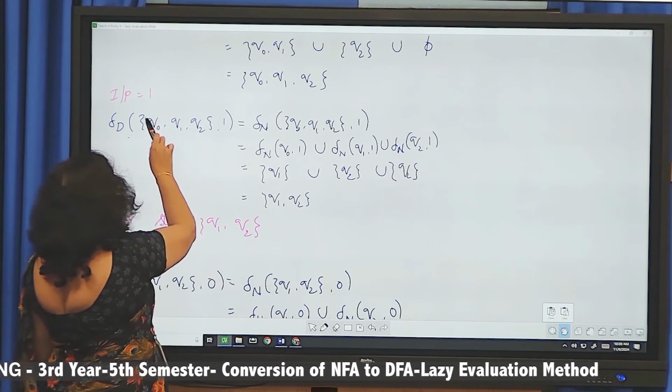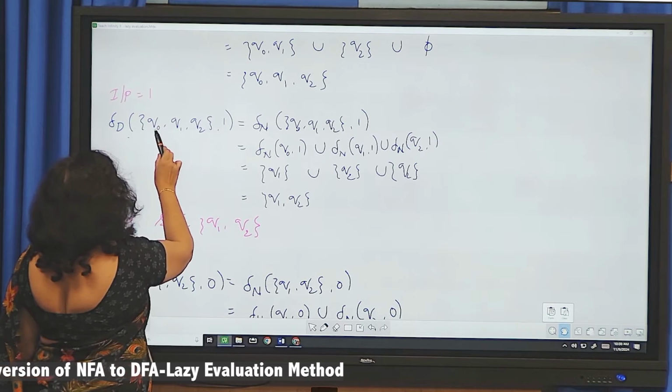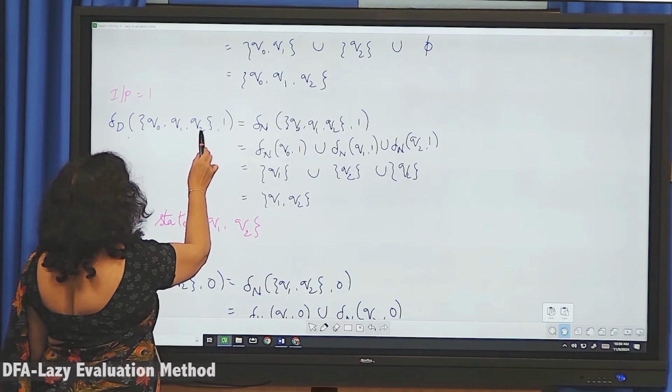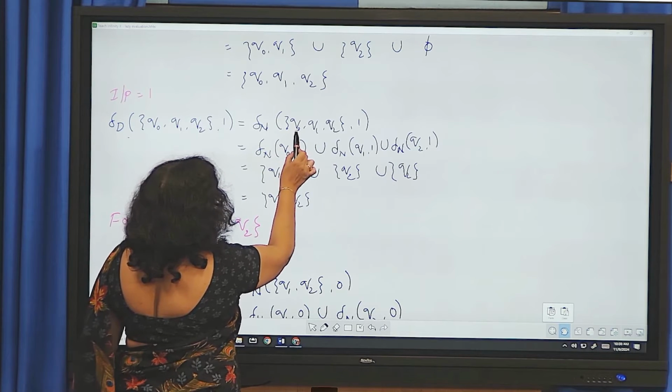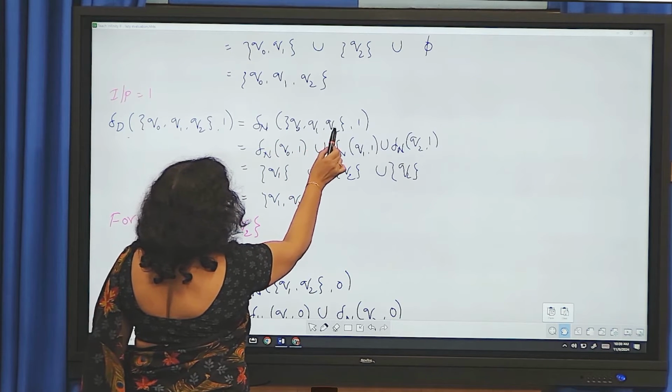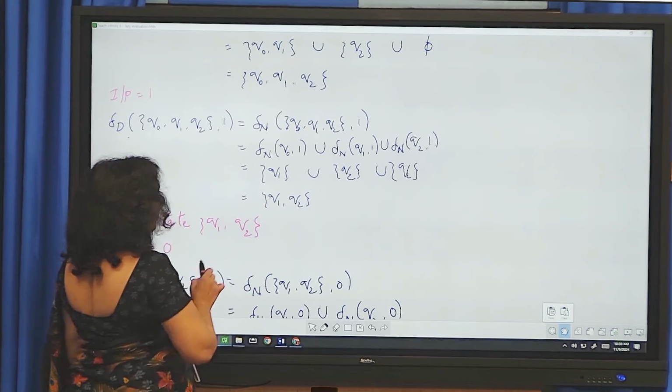Now, apply the input 1. Delta D of Q0, Q1, Q2 on 1 equal to delta N of Q0, Q1, Q2 on 1. Again, we will split this transition function.